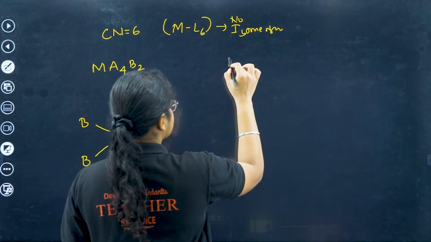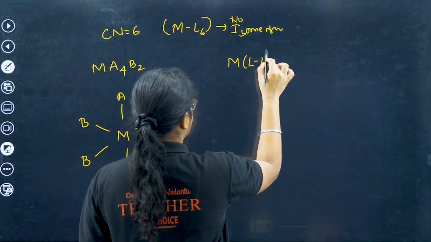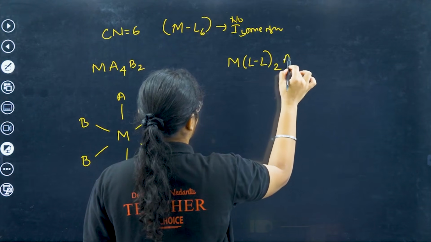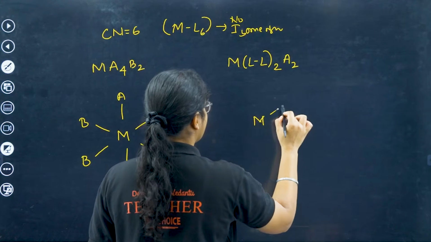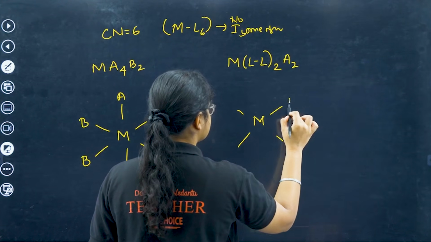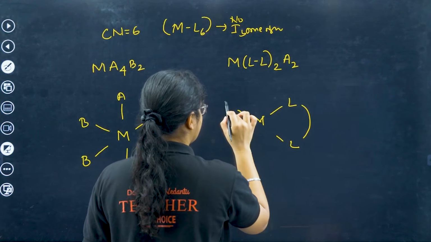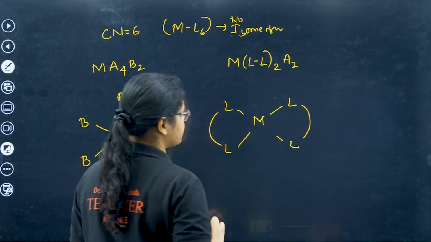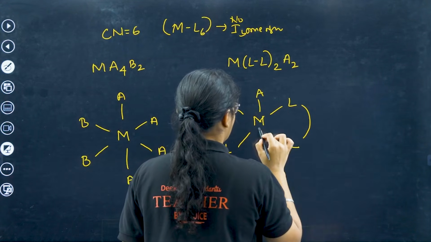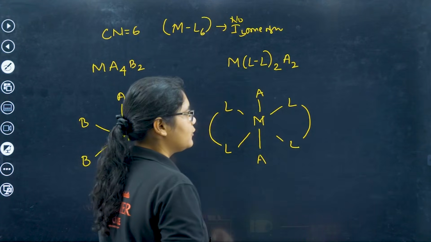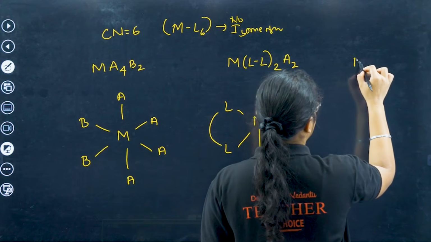Now what is M(LL)2A2? Here LL means you have bidentate ligands. This is bidentate, this is bidentate, M(LL), and then you have A2. Next we have Ma3B3.